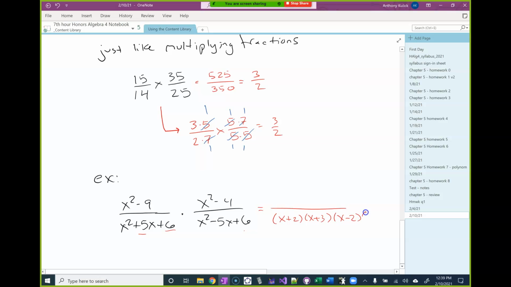How about the numerators? Someone else want to help us out? How to do the numerator? Mackenzie? Good. They're both differences of two squares, so they're easy to factor with that shortcut.